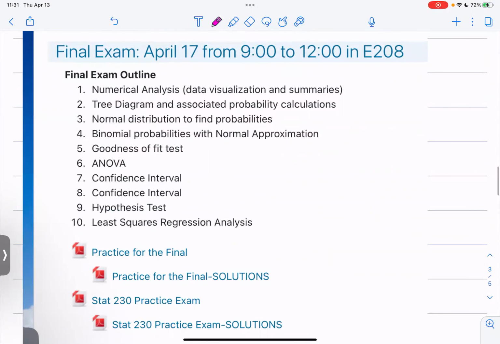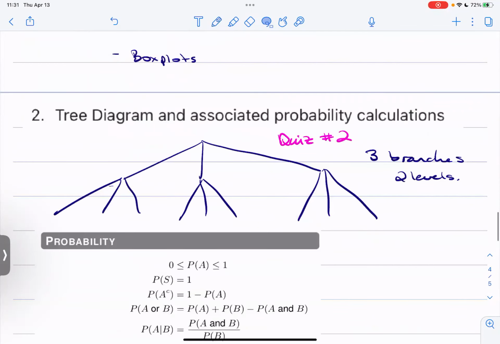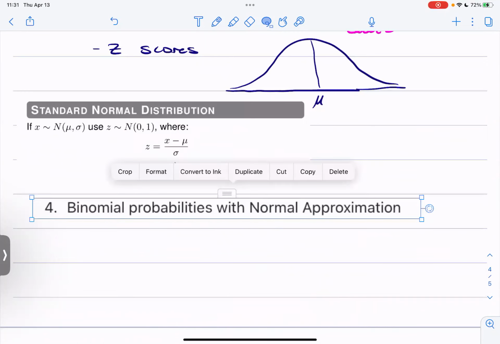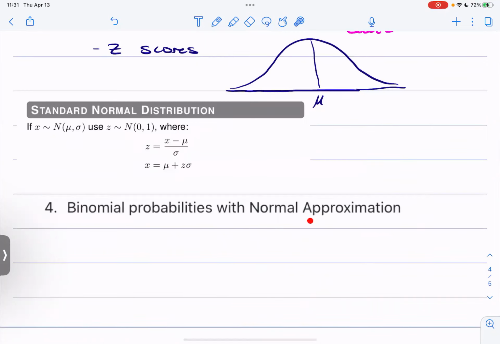All right. So then you have the binomial probabilities, right, with the normal approximation. Now I seem to remember I didn't put the normal approximation on the quiz, but I posted a bonus assignment, or an extra assignment.